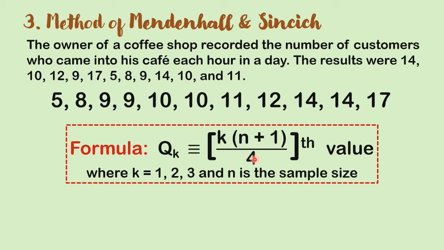So you may use Mendenhall and Sincich method in getting quartiles, deciles, and percentiles. So please memorize this formula. Basically, itong formula na ito will tell us the position of our quartiles.